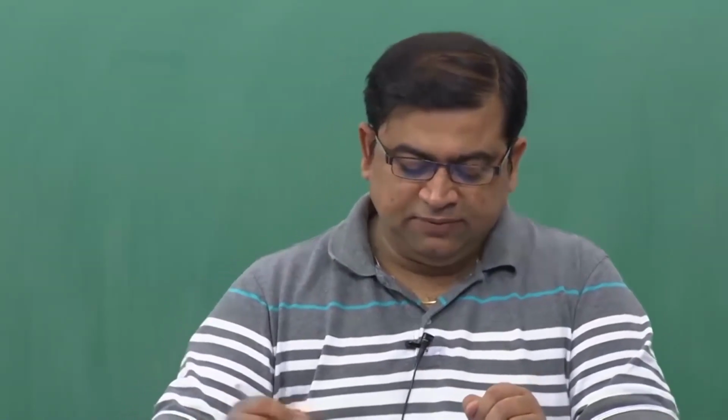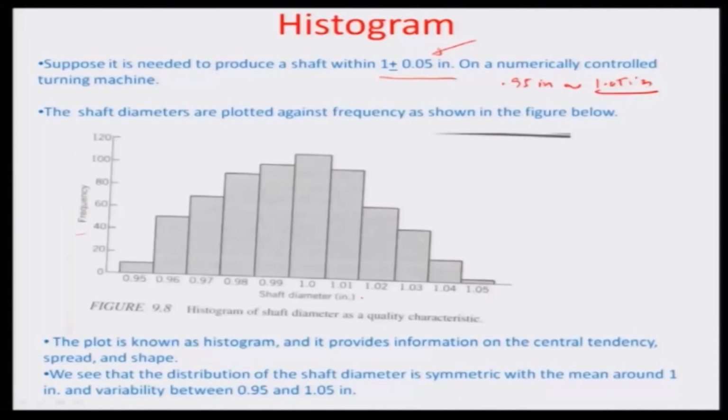I think this had been covered in the last module, that the frequency versus the shaft diameter measurement is represented in this way, and we were talking about 300 plus samples representing the various shaft diameters. This provides you a central tendency of the distribution of the total measurements which have been done, and the central tendency in this case, as you can see, is about 1 inch, which is the correct central tendency.